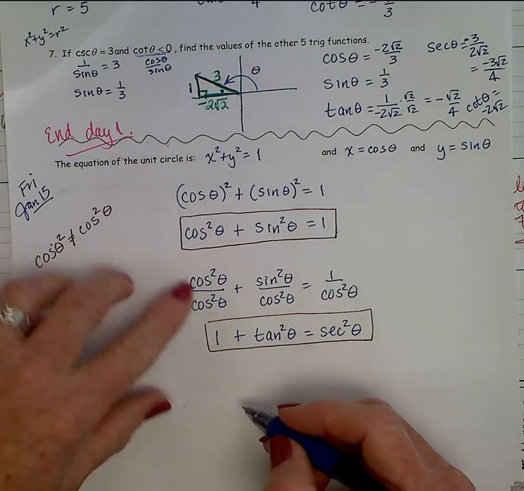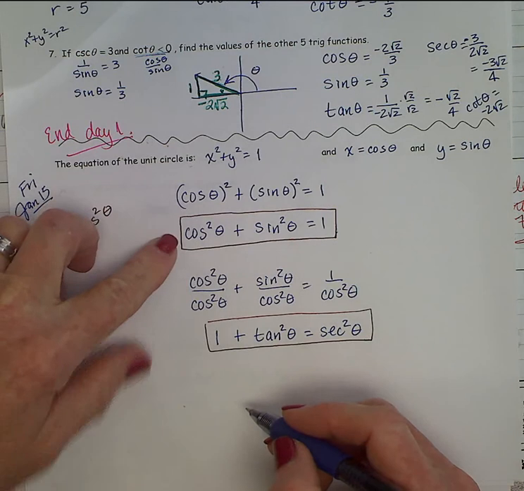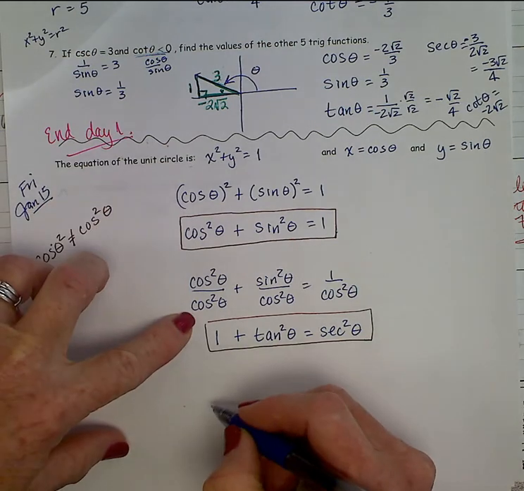And we could take that original and also, instead of dividing by cosine squared, let's divide by sine squared.